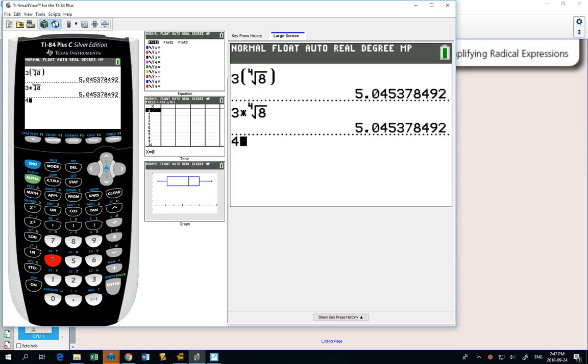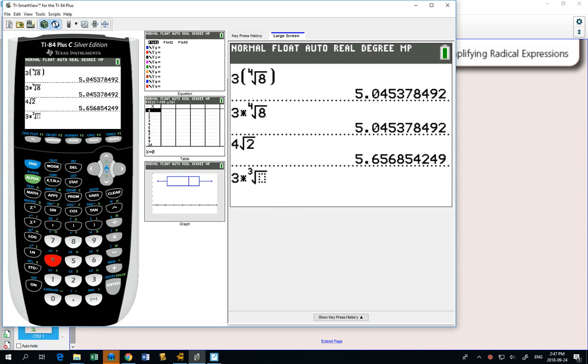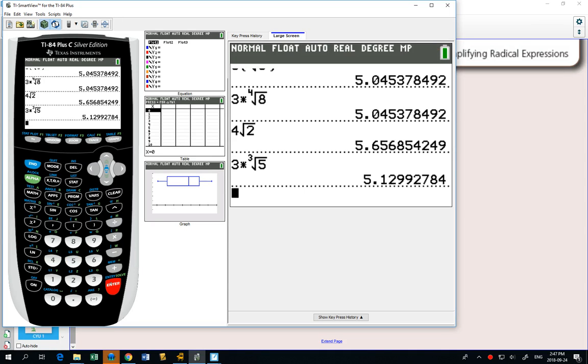4 square root of 2, which was our next one, that one can just be done normally. That's 5.65. And the last one was 3 cube root of 5. So 3 times math. I will use number 4 because it's already a cube root. 5.1.